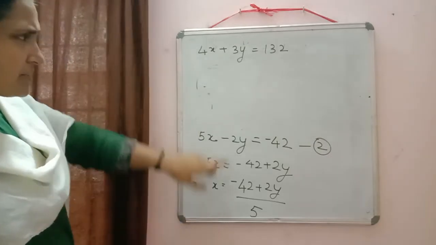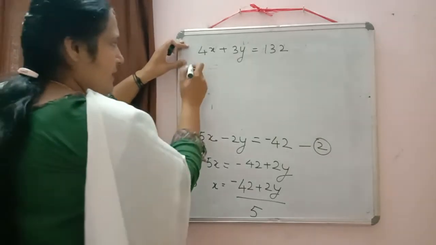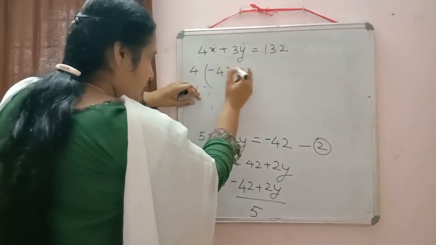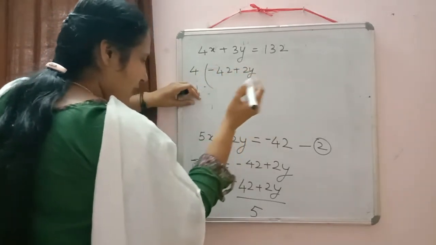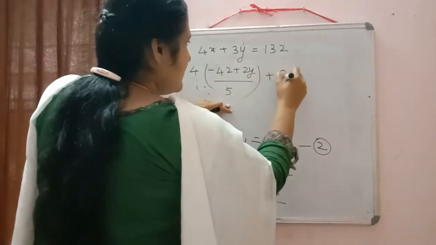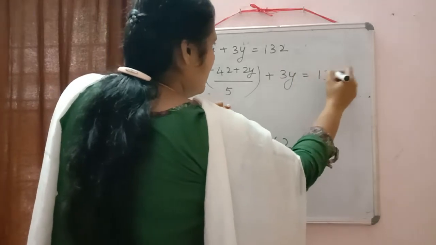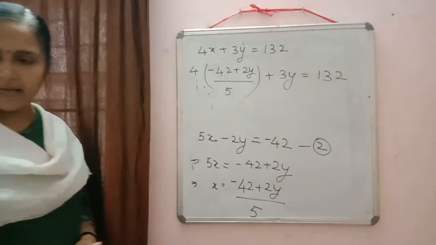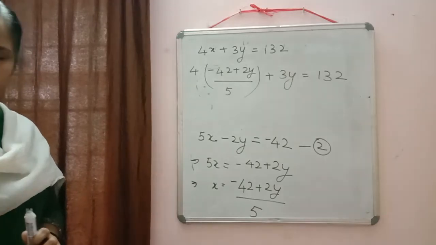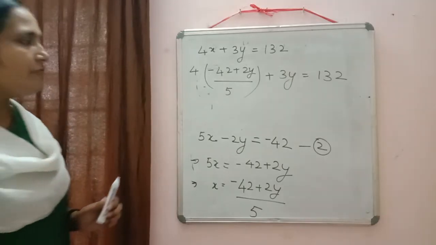Now we are going to substitute the value of x here. Then we will get 4 into minus 42 plus 2y by 5, plus 3y is equal to 132. Again, to avoid the fraction, we will multiply the whole equation by 5.